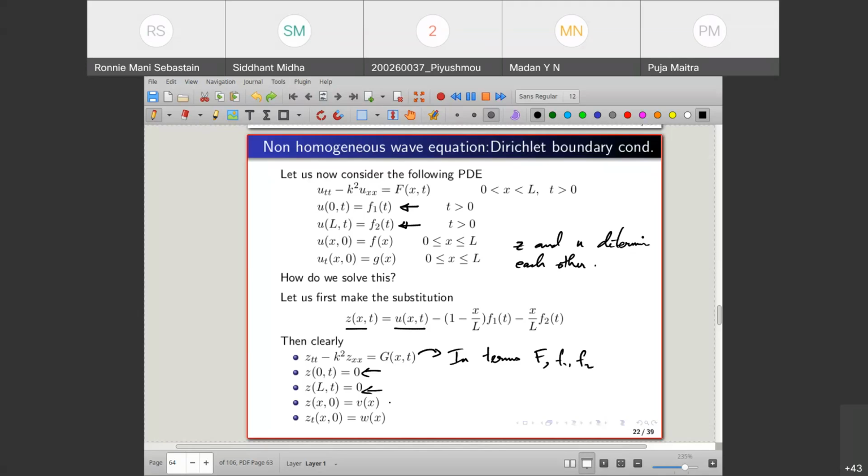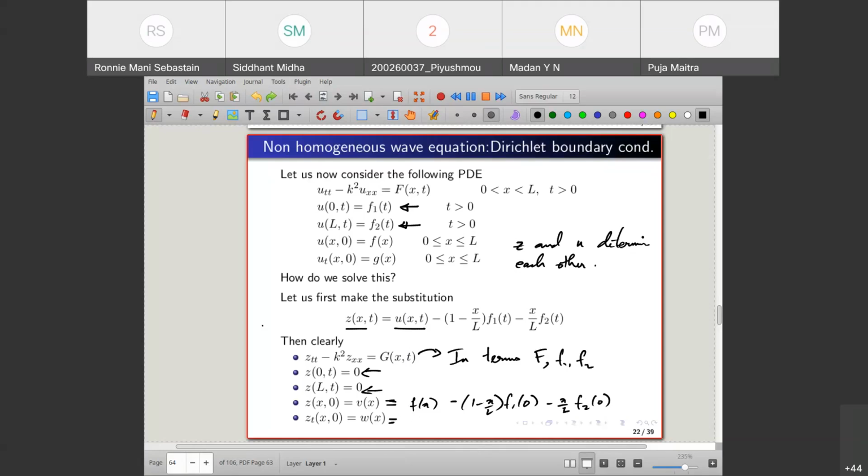And what is v(x) going to be? Let's just compute this since we have a lot of time. This is going to be u(x,0), which is f(x), and we are putting t equal to 0, so minus (1 minus x/L) f1(0) minus (x/L) f2(0). And similarly, we can find out w(x).